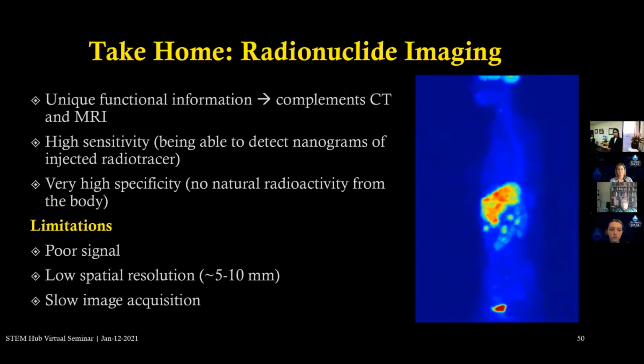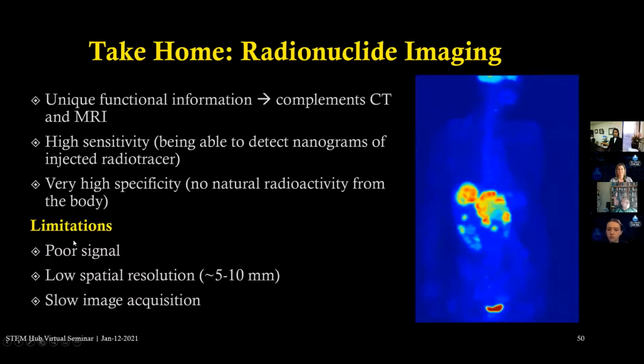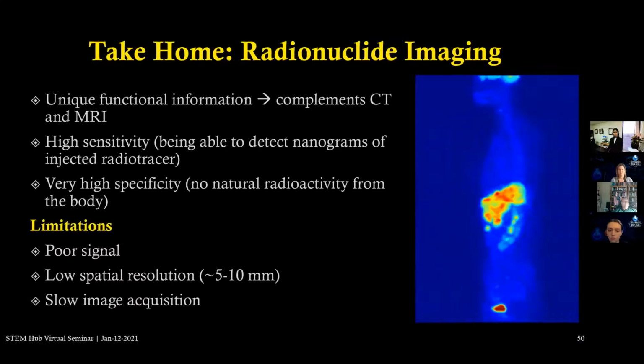Whatever is being accumulated, that's where you're getting the signal from. Some limitations are, as you see here, the signal is poor, and you have very low spatial resolution compared to CT or MRI. And also the image acquisition is very long or very slow compared to CT.